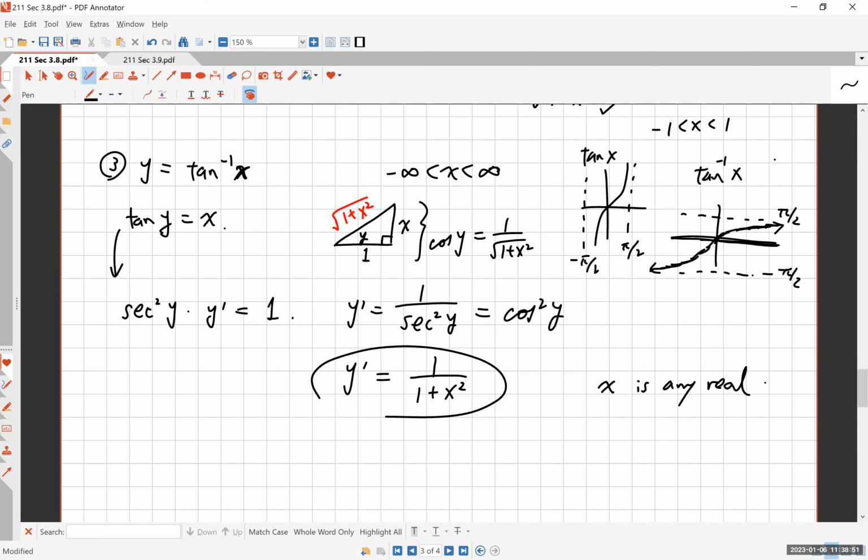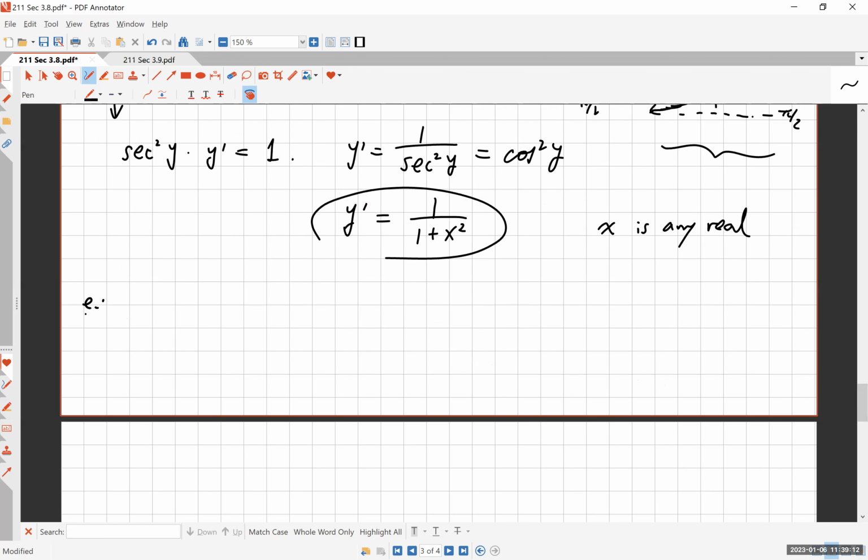There is no restriction on the inverse tangent function because the inverse tangent is defined, like I said here, on the entire real line. And so the derivative of the inverse tangent happens to be 1 over 1 plus x squared, where x could be any real number. All right, maybe we can do a couple of exercise problems before we finish this.